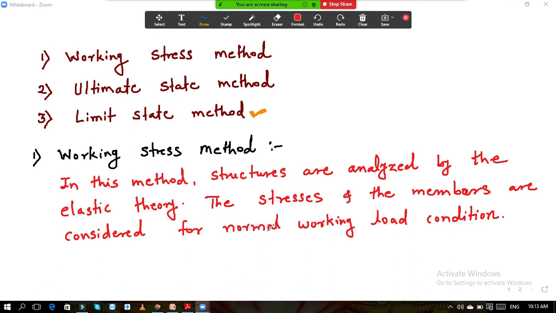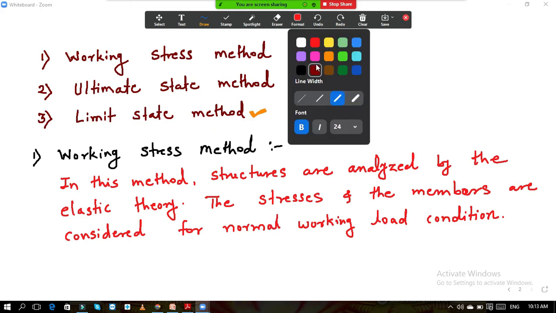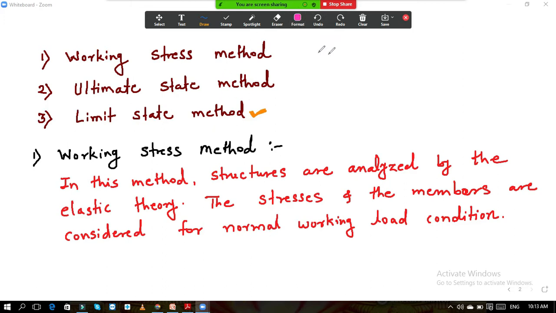Now I will tell you what the working load is and what the ultimate load is. Suppose a block is there, and we want to design this block.